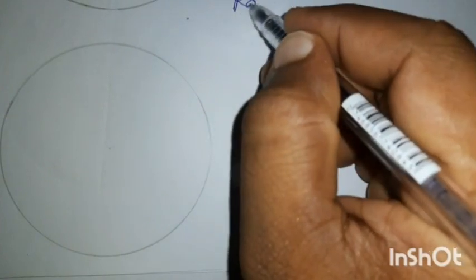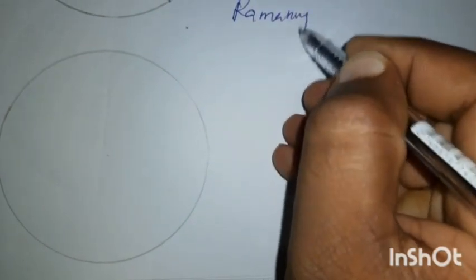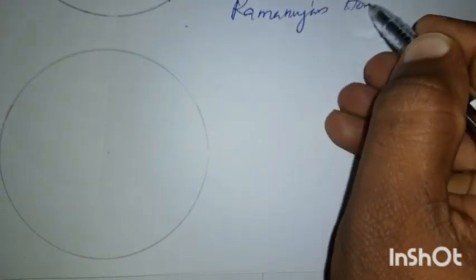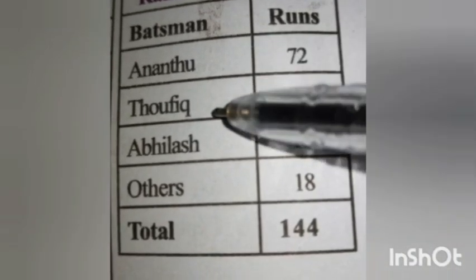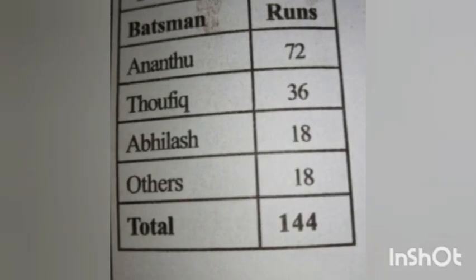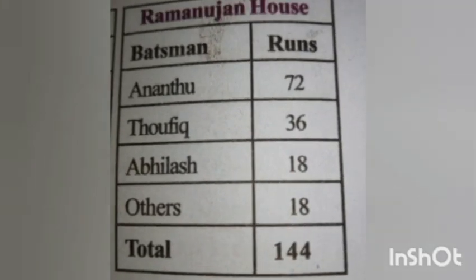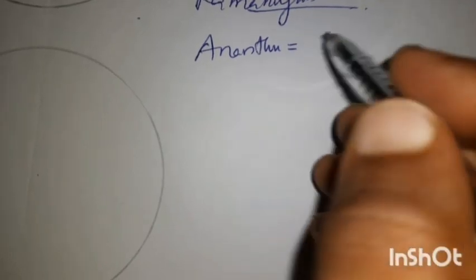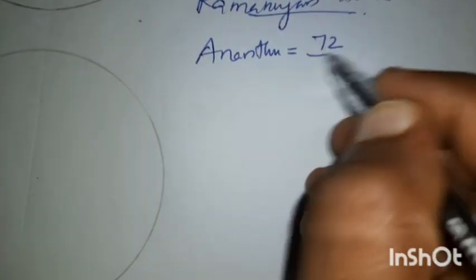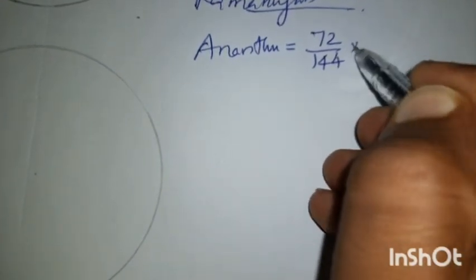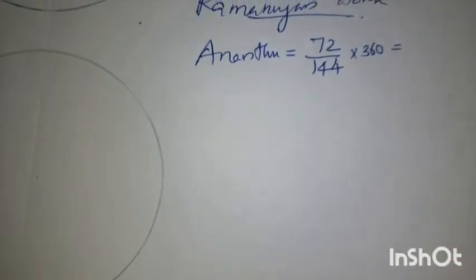Next one is Ramanujan House. You have to find out the angles first. The batsmen are Anandu, Taufik, Abhilash and others. The total is 144. Anandu scored 72 runs out of 144 multiplied by 360.